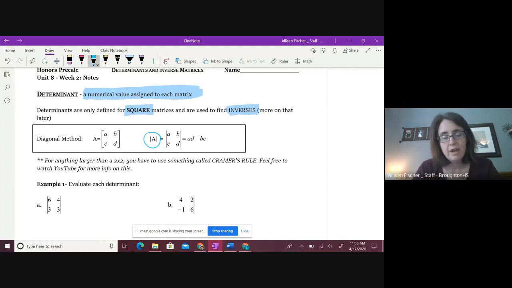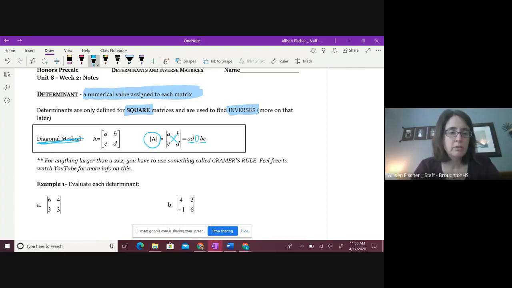It does not mean absolute value when we're talking about matrices. So the diagonal method for finding a determinant says to take A and D, which are on what we call the main diagonal, multiply them together, then subtract the minor diagonal, C and B, so that product.